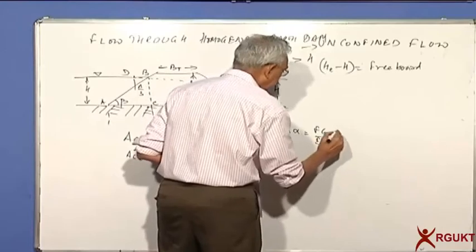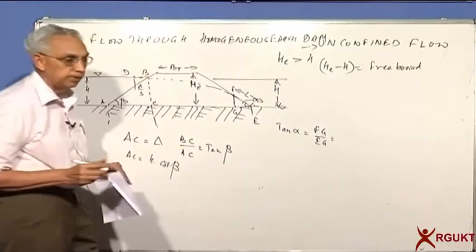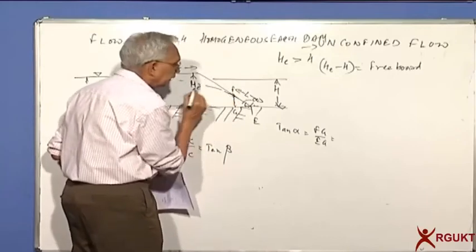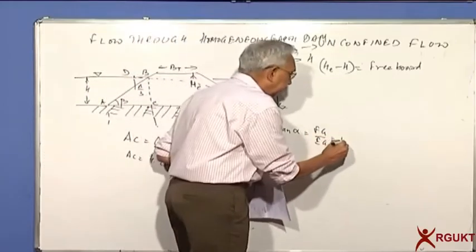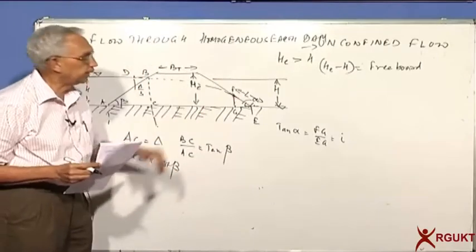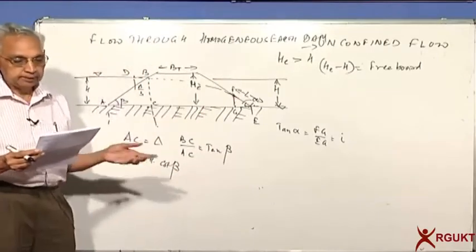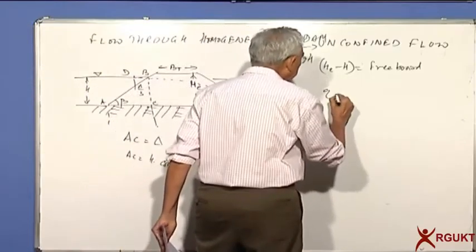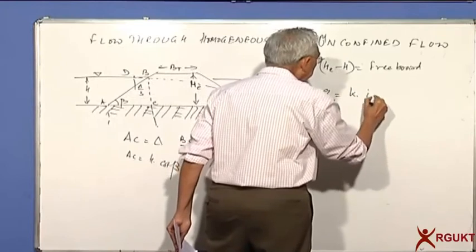Can I say the flow is taking place here along the slope, so that will be the gradient I. So can I say that from Dupuit's assumption, Q is equal to KIA.